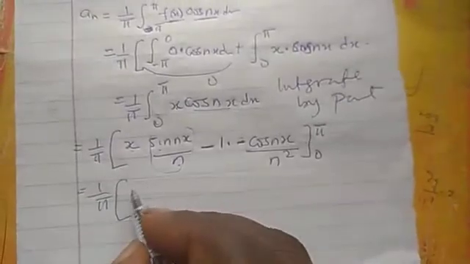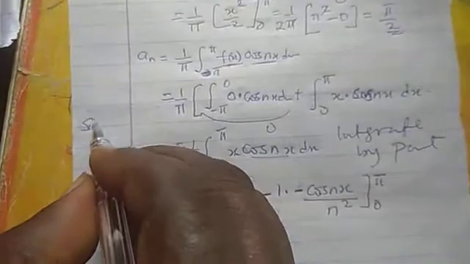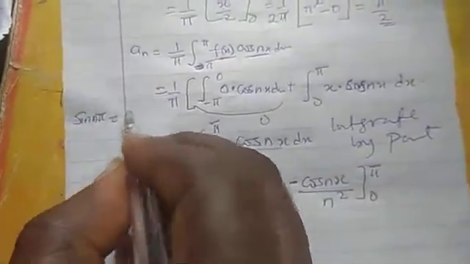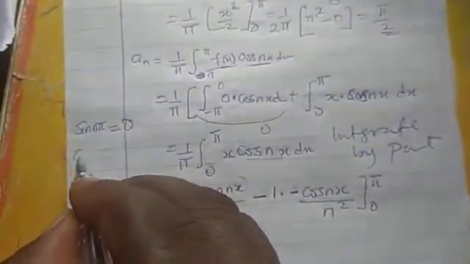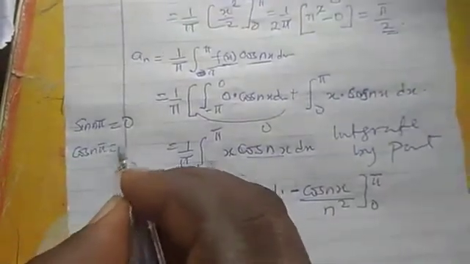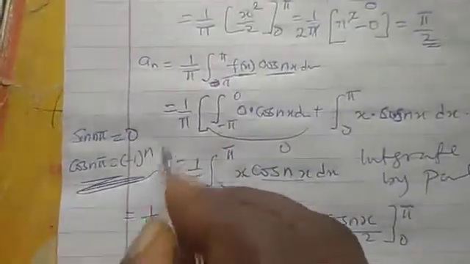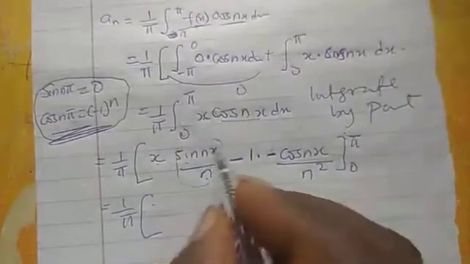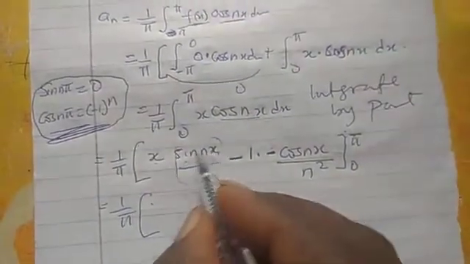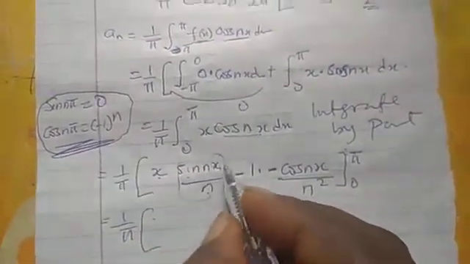So this is 1 over pi into, if you put x to be pi, we take note of this thing. Sine n pi is 0, but cos n pi is minus 1 raised to power n. Let's take note of these two, and we will be using them in our subsequent solving. If you put x to be pi, we are going to have pi sine n pi.